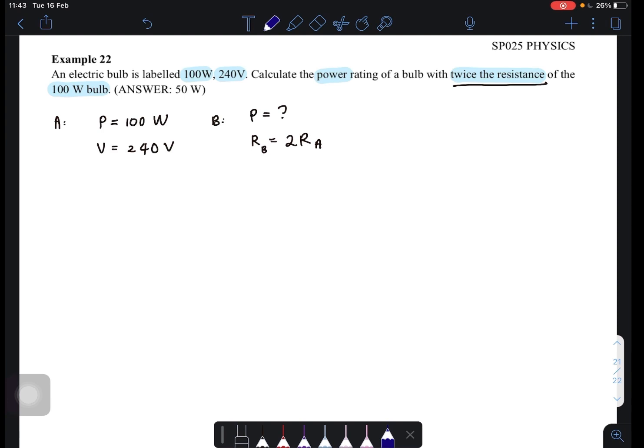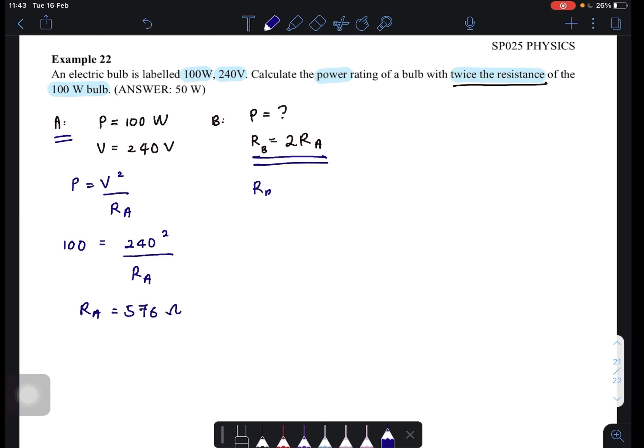Okay, so now let's write out the formula that we need to use. Since we are going to use the resistance in this question, P is equal to V square over R. So first we need to find the value for the resistance of bulb A. So power is 100 equal to 240 square divided by resistance A, which gives 576 ohm.